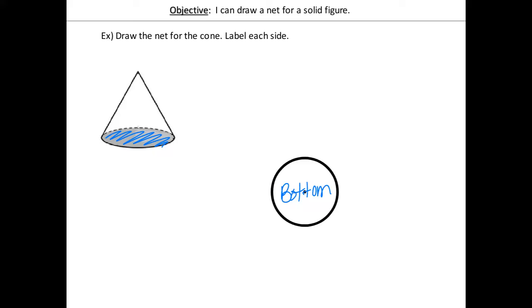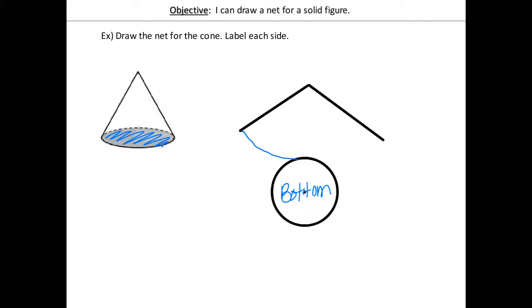So the sector, what it looks like, essentially, is going to be, it'll kind of look like a semicircle, but not really. It's kind of like a triangle, but instead of having a straight edge at the bottom, it's actually going to be curved, okay? So the bottom of my sector is actually going to be a curve.